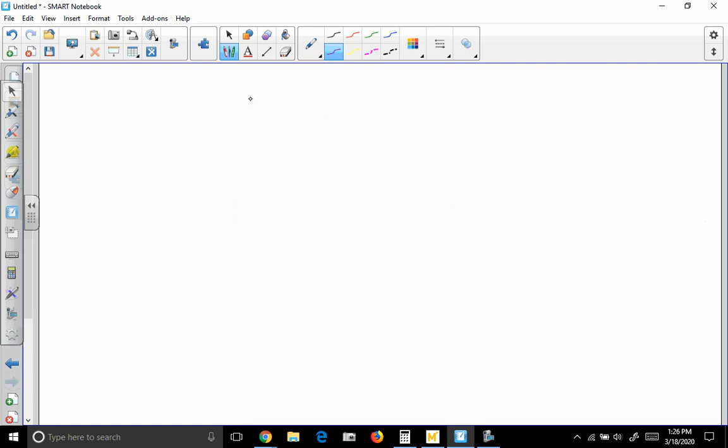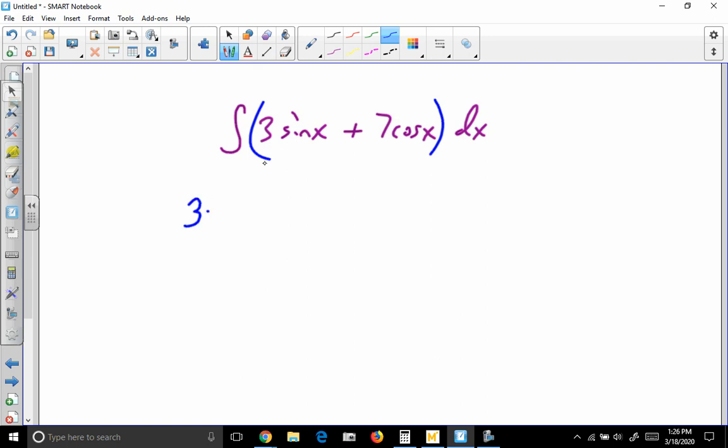So if we have an integral that involves a sine and a cosine, if we have terms, we can integrate those separately. So 3 times the antiderivative of sine, which is negative cosine, plus 7 times the antiderivative of cosine, which is sine, plus c.